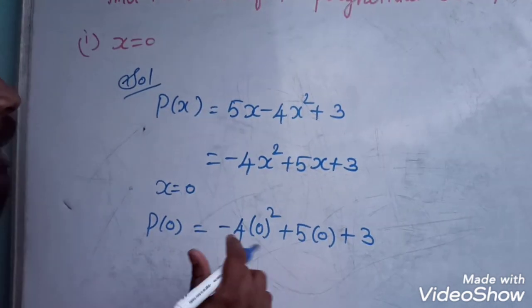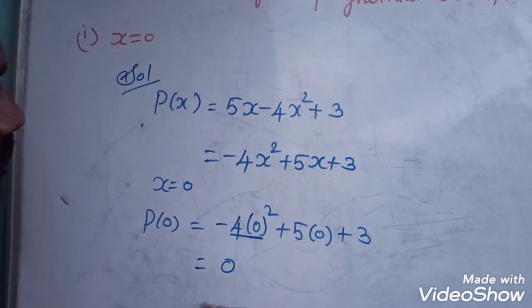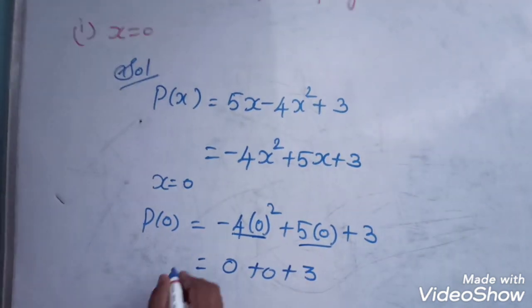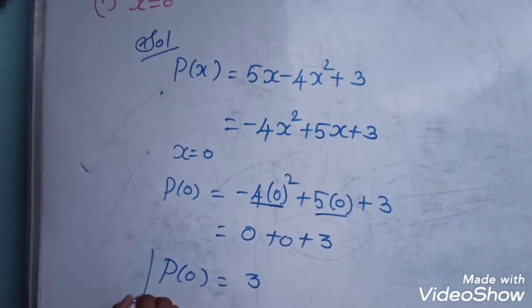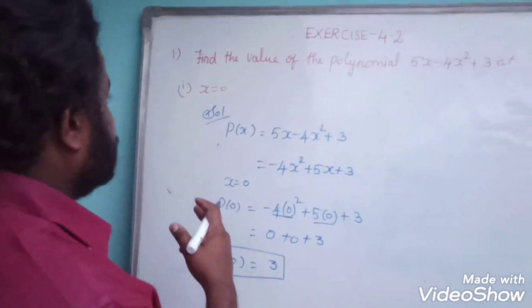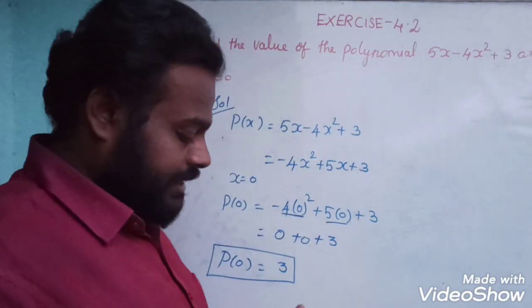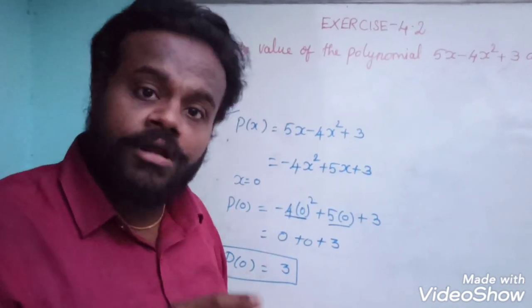However many times you multiply 0, 0 multiplied with anything gives 0 only. The same way, and then plus 3. So p of 0 is equal to 3. So here, instead of x, we have to find the value p of 0 equal to 3. The remaining sums from Roman letter 1, you do as your homework in the homework notebook.